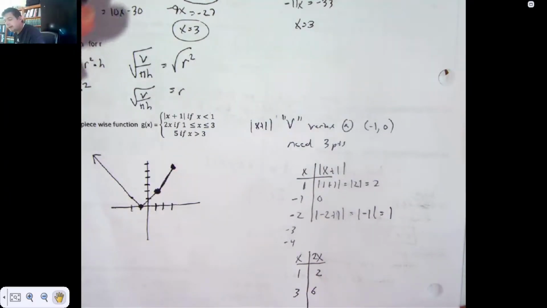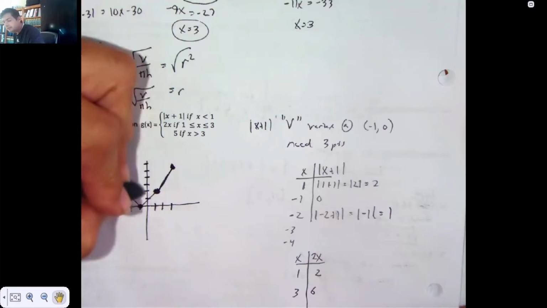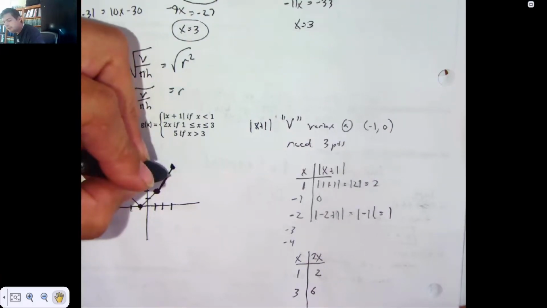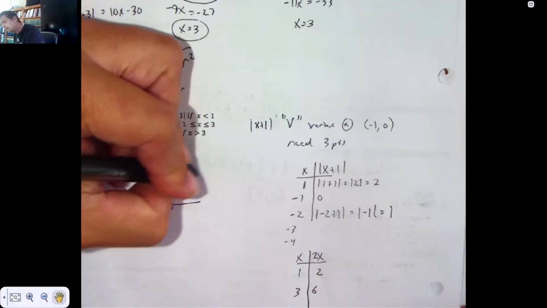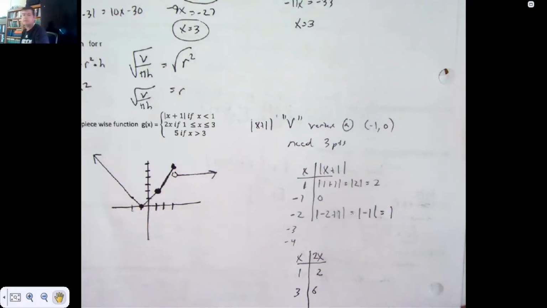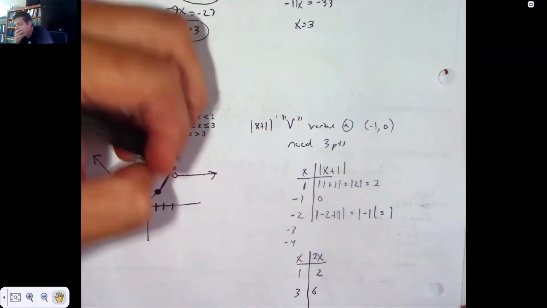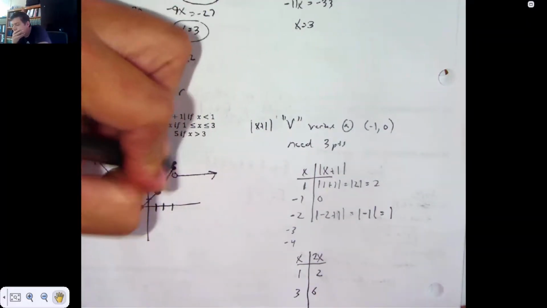And then I am 5 if x is greater than 3. 1, 2, 3, 4, 5. I get to open hole it. And I get to be everything horizontally to the right. This is not steep enough.